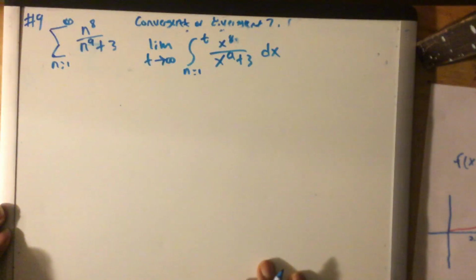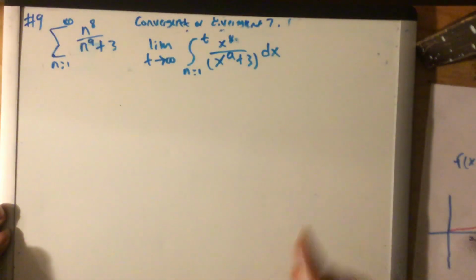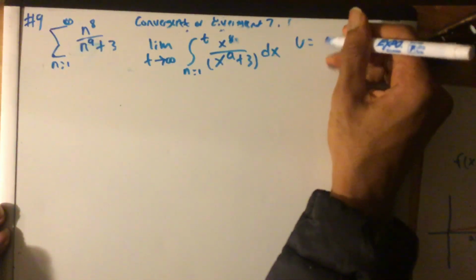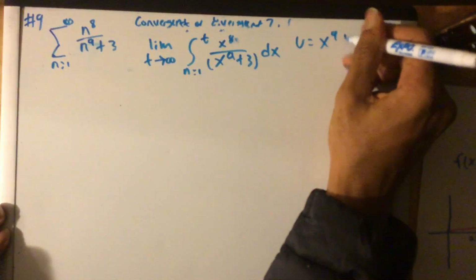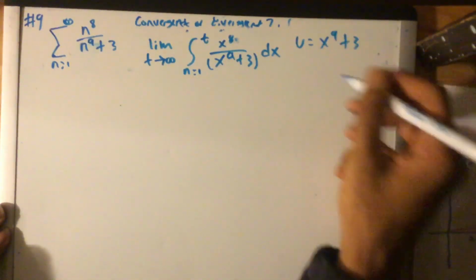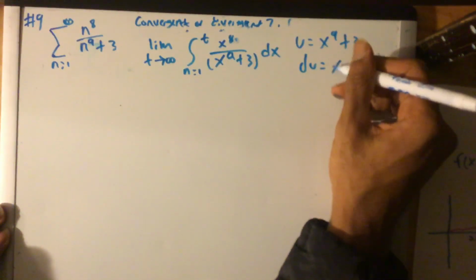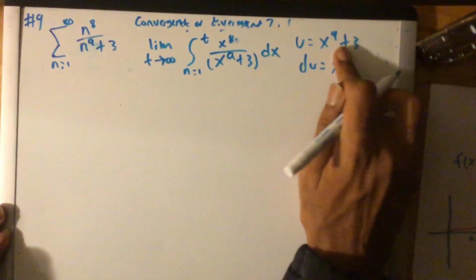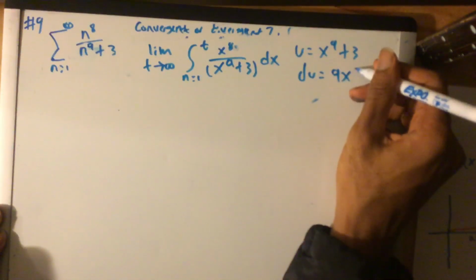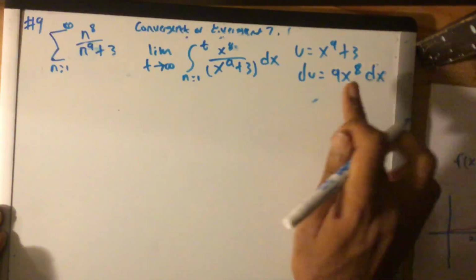It seems to me that I can solve this using the u substitution method. My u is equal to x to the power of 9 plus 3, and my du, the derivative of u, is 9 x to the power of 8 dx.